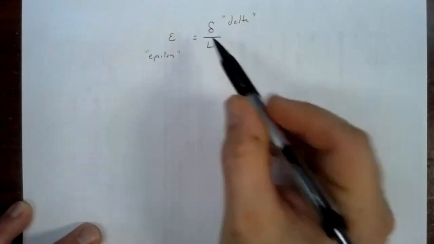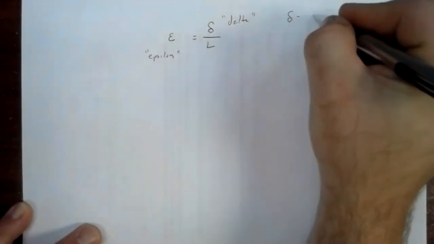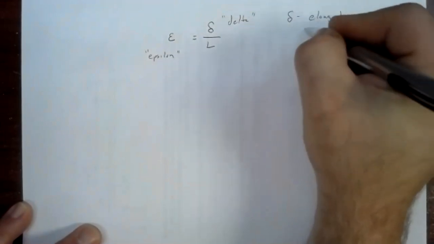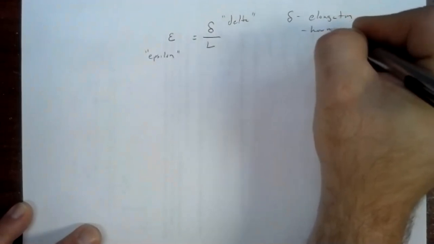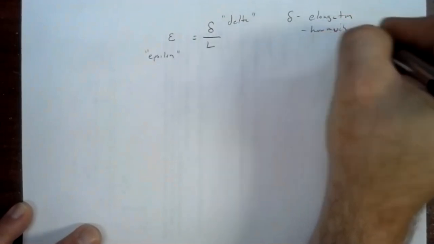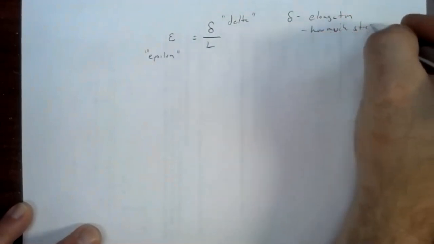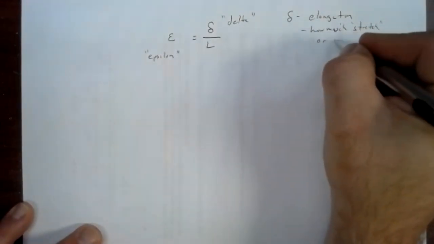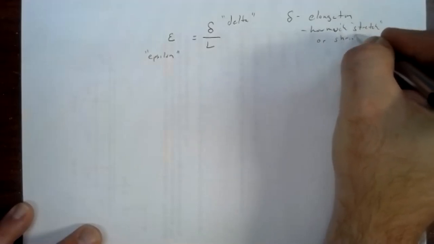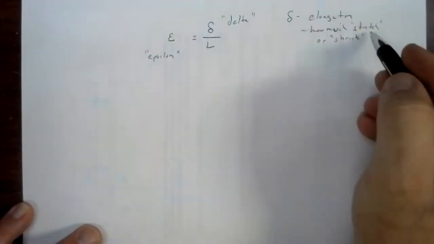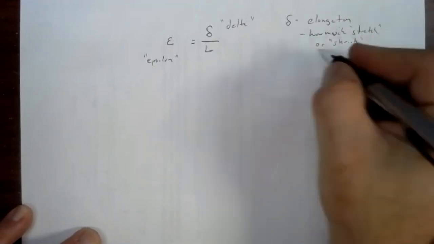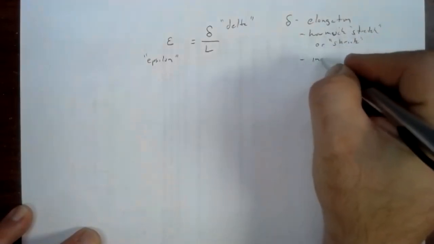The total amount of elongation, so delta is the elongation. It's how much stretch or shrink we've got. Stretch if we're in tension, shrink if we're in compression. That's actually measured in inches, typically.